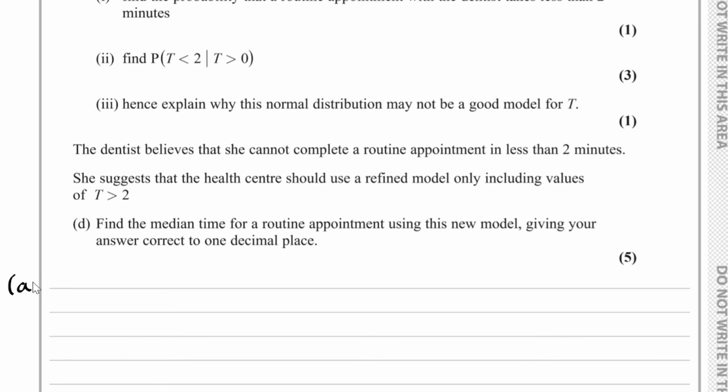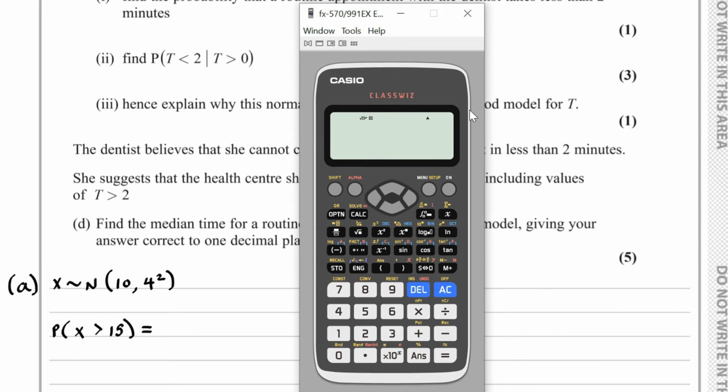So for part A of the question, we have x, which is normally distributed with parameters 10 and 4 squared. And we're looking at the probability that x is greater than 15. If we use our calculator, we can go to the normal cumulative distribution.